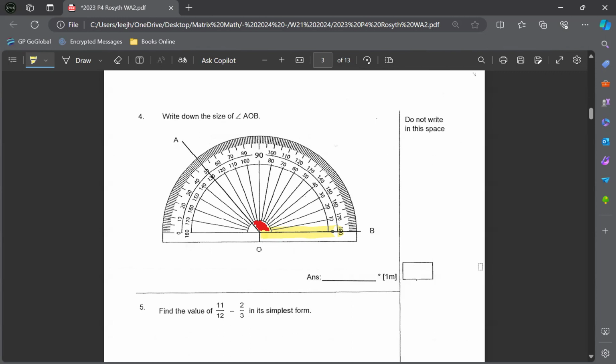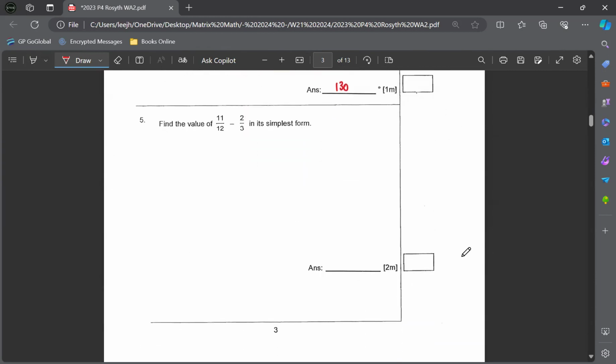I'm going to read all the way up to this point here. How many degrees is this? From 0 all the way up here, it's 130 degrees. The degree sign is given. If it's not given, please write it, if not you'll lose half a mark. If it is given, then it's fine, you just write down a number.